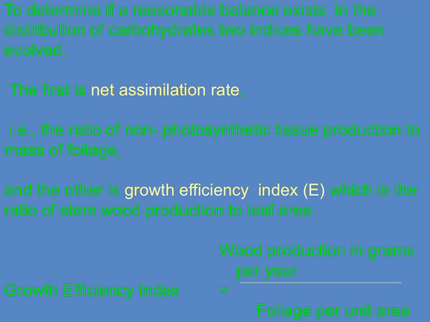When we talk about wood production in grams per year, this index helps us see how efficiently a plant is turning leaf area into sturdy, supportive tissue. Both indices are important because they give us a clearer picture of whether the plant's carbohydrate allocation is balanced, supporting healthy growth without overinvesting in one area at the expense of another.